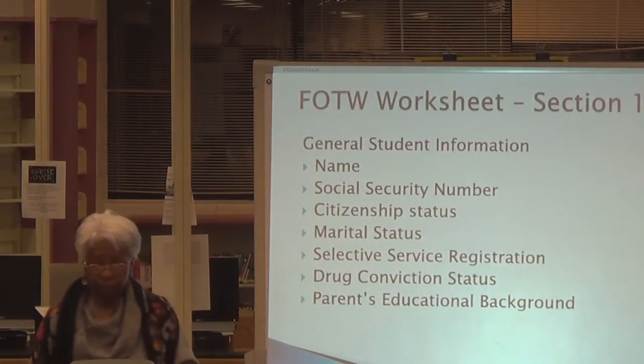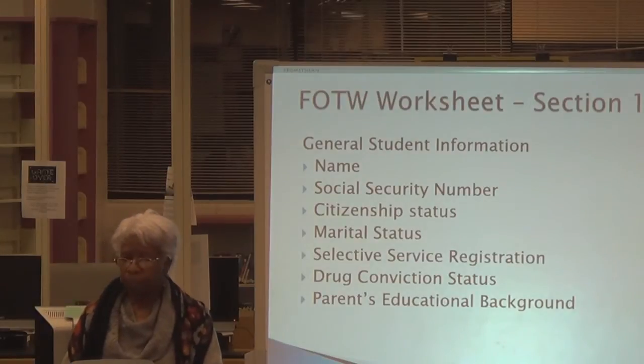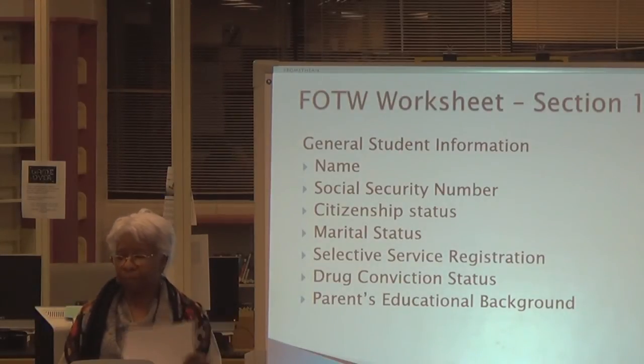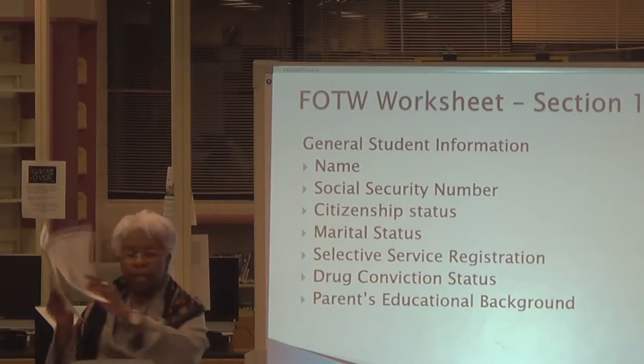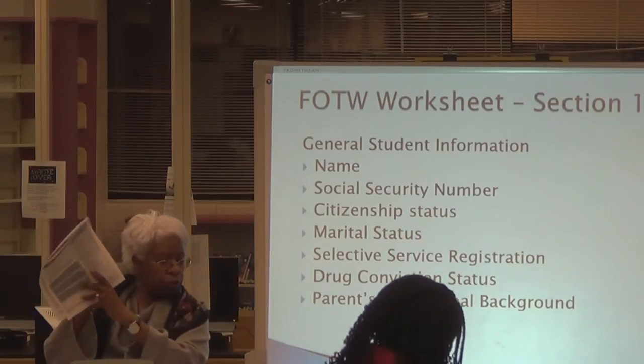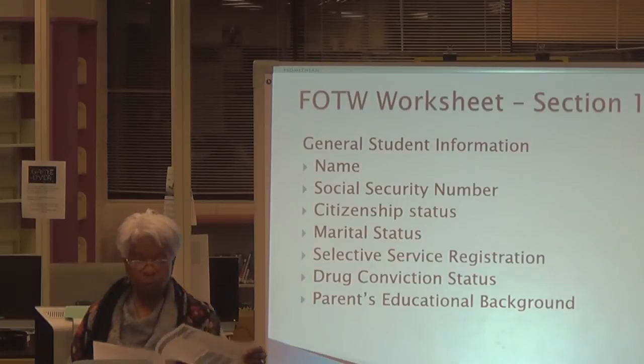Let's look at that FAFSA worksheet. Does everyone have one before we move on? Does anyone need one? If it looks like this, I think yours should be the same. It's divided into 4 sections.